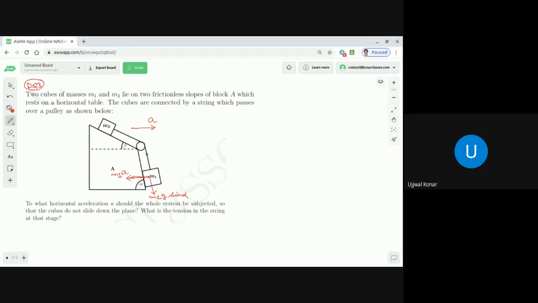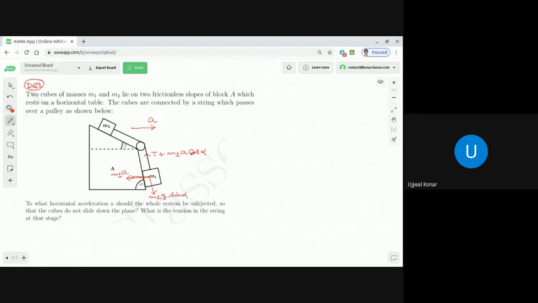So along this, the force acting is tension T plus m1 into a into cos alpha, because of the component of the acceleration.